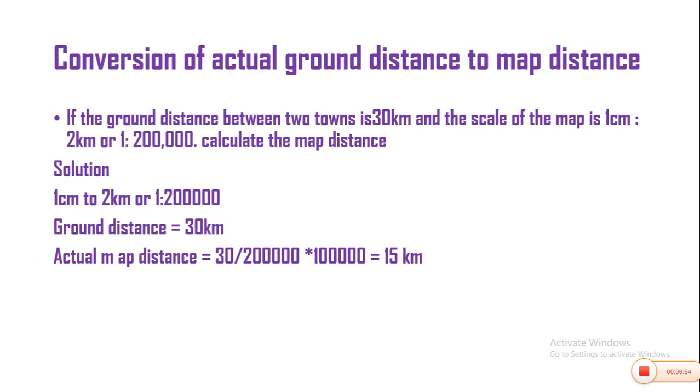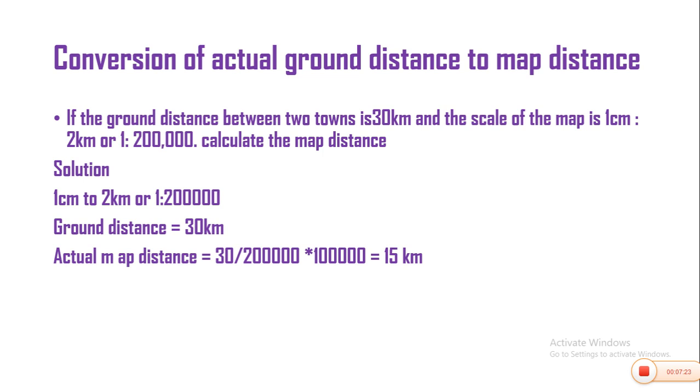Let's take another example. This example is a conversion of actual ground distance to map distance. In the previous examples, we were converting map distance to ground distance. For now, we're converting actual ground distance to map distance. If the ground distance between two towns is 30 km and the scale of the map is 1 cm to 2 km, or 1 is to 200,000, calculate the map distance.